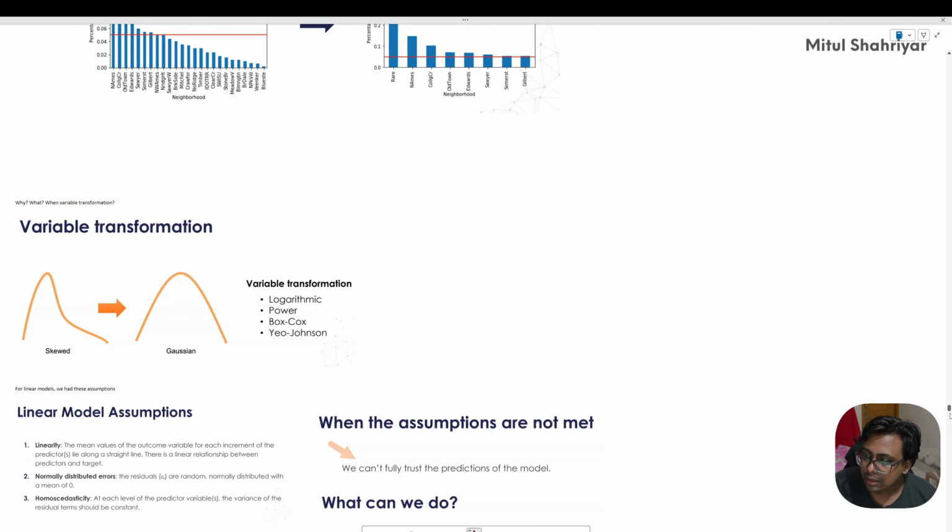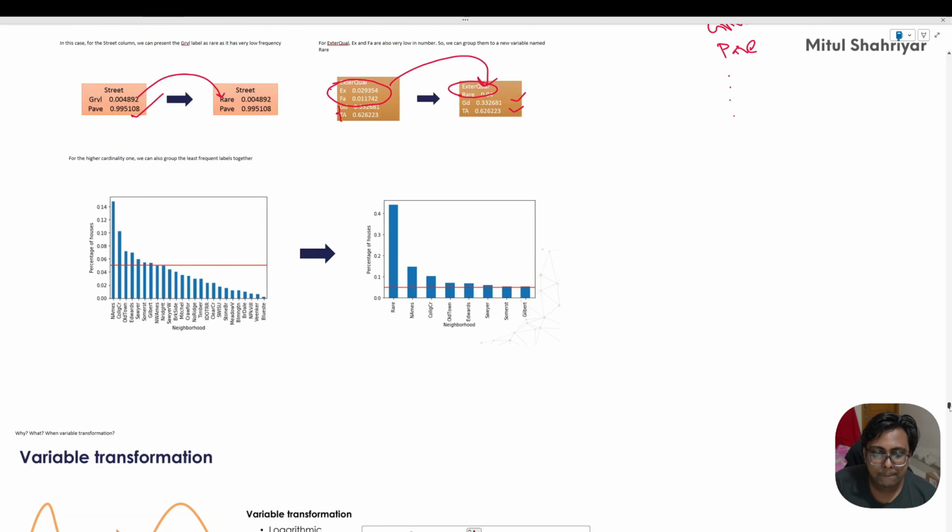So the same goes for this one. And if you just look into this column here, I just mentioned earlier that if this is our limit, the least value, if any category has a value less than this, we'll take all of those and create a rare label. So you can see NM is there, the first one, and this second one is there.